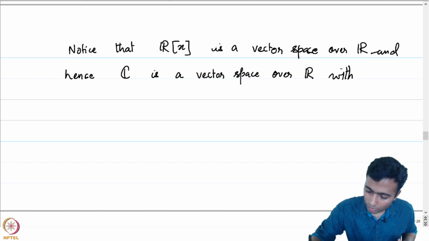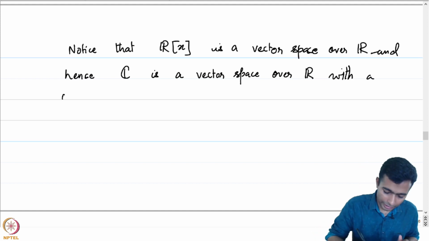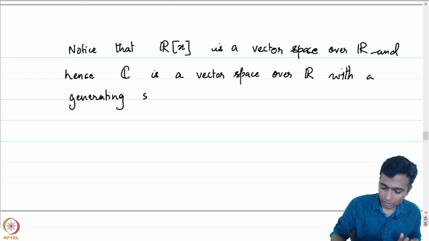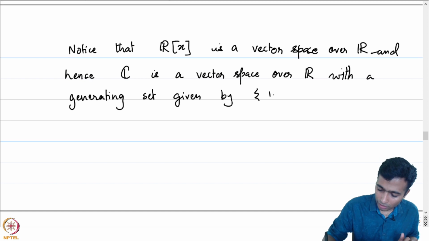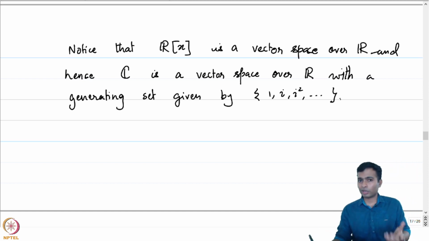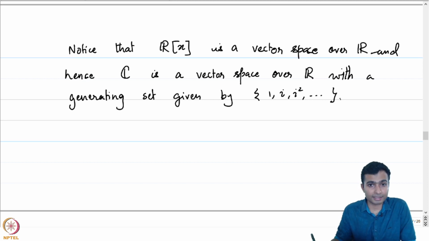With generating set given by 1, i, i square, and so on. But we know what happens to i in C. We know that i square is minus 1.